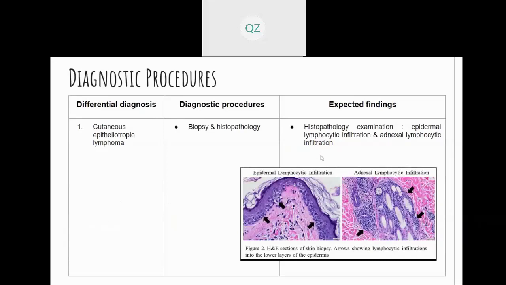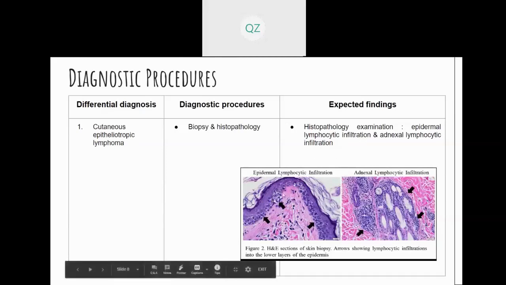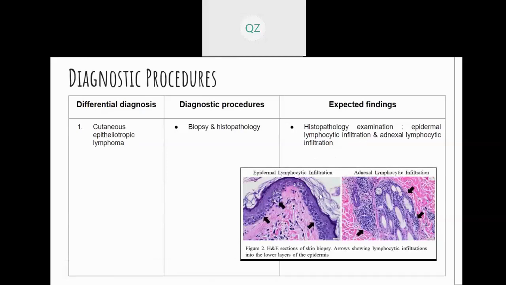What we expect to find is a characteristic infiltration of lymphocytes along the lower layer of the epidermis or mucosal epithelium. We can also see this lymphocytic infiltration at adnexal structures, including the hair follicle walls and apocrine glands, and these expected findings are considered diagnostic.